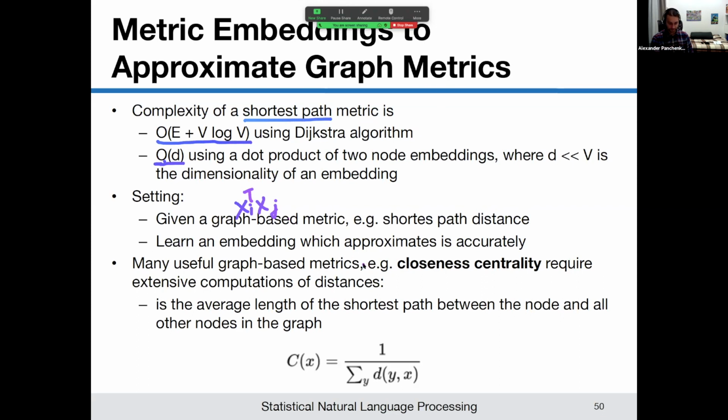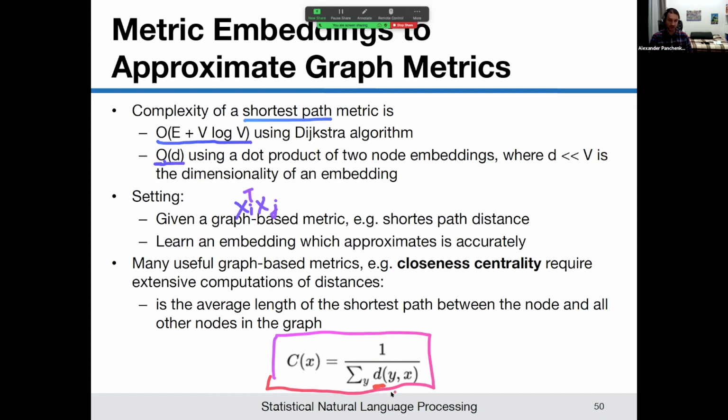And why is this at all useful? It's also because not only calculating metrics of distances is useful on a graph, but also you can characterize nodes through different centrality metrics. And to compute the centrality metrics, very often you need to know these distances. One of the common and very useful centrality metrics is closeness centrality.